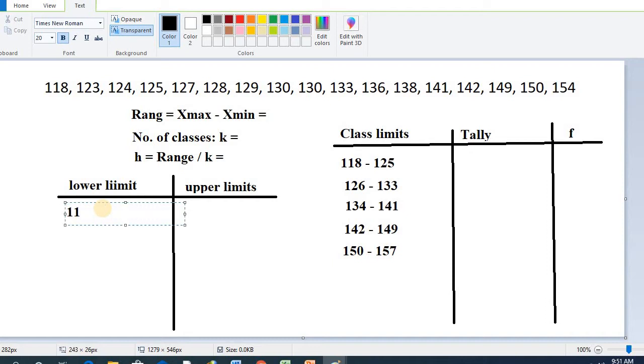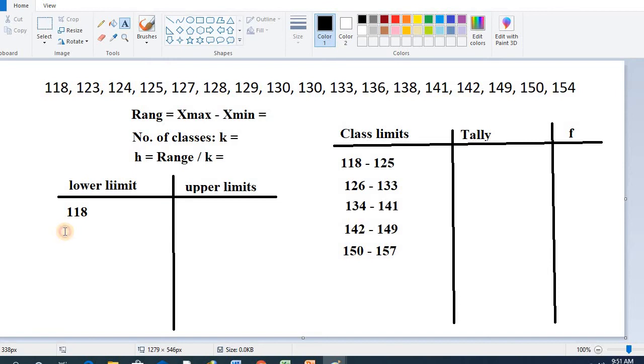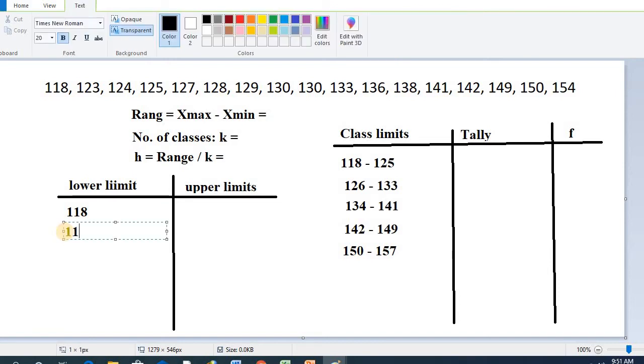So first we write 118. Next, add the class interval to the lower limit. 118 plus 8 is equal to 126.